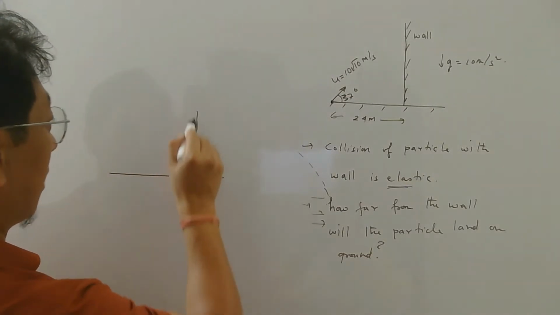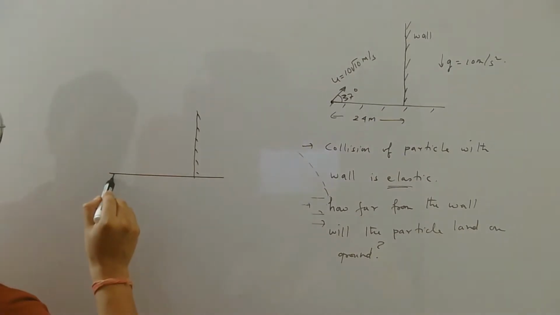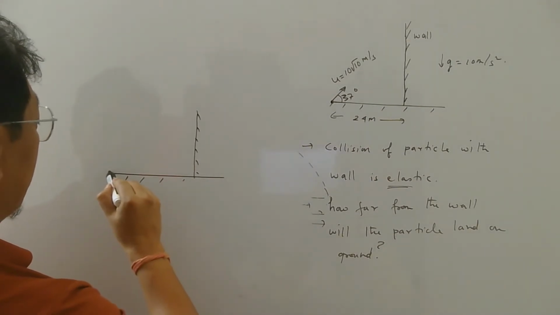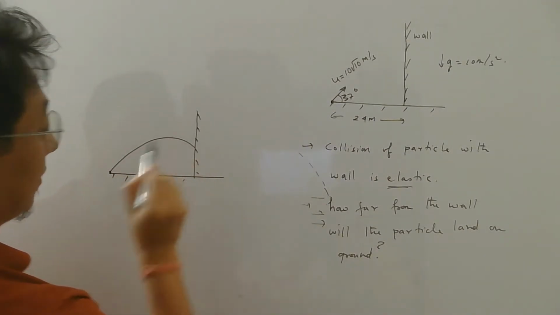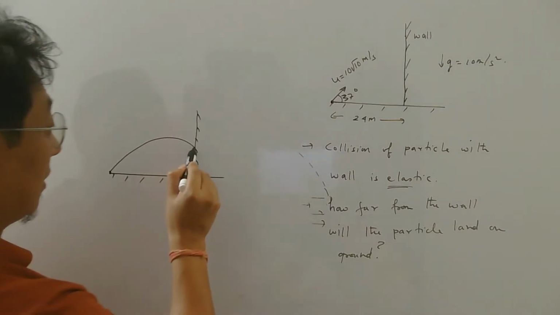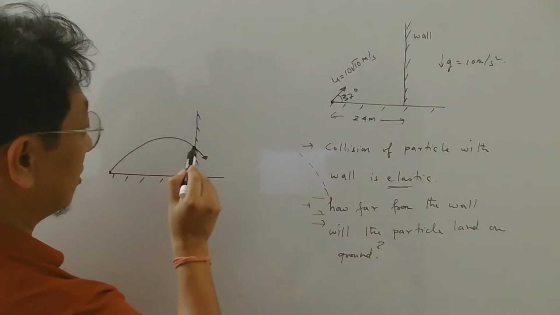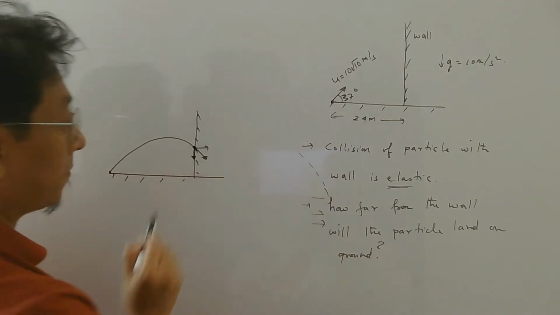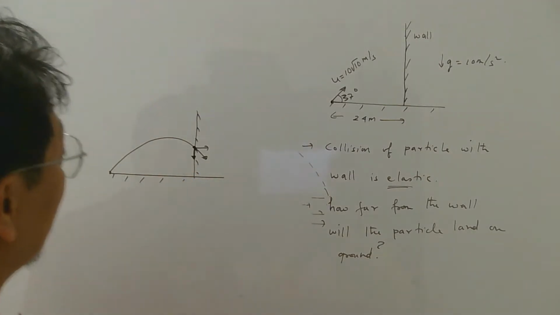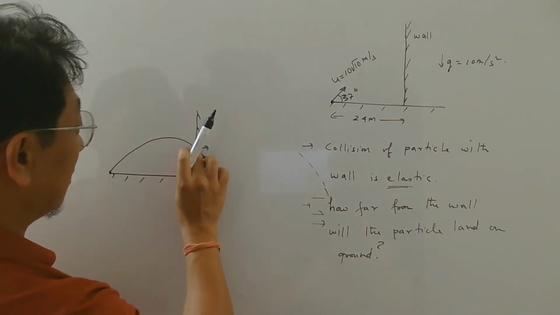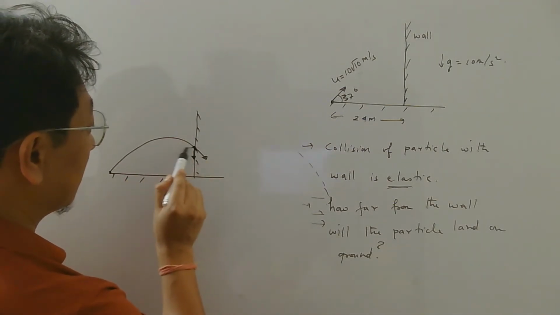Similarly, if there was a wall here and the particle hits the wall while going down, then here its velocity just before hitting will be down like this. So these will be the components. What happens, I told you, because of elastic collision, this velocity will be reversed.